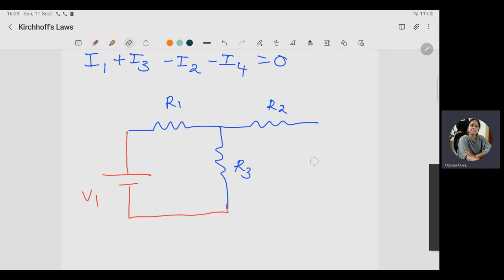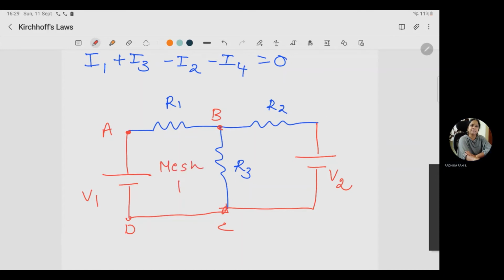Two voltages are there, V1 and V2. Give some points at each junction: A, B, C, D, A. This is called mesh 1, and B, D.